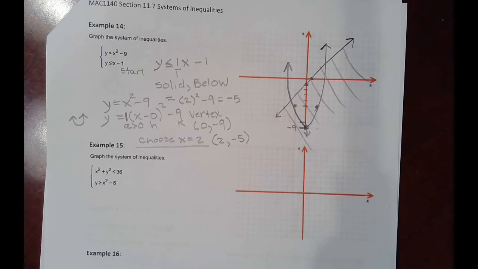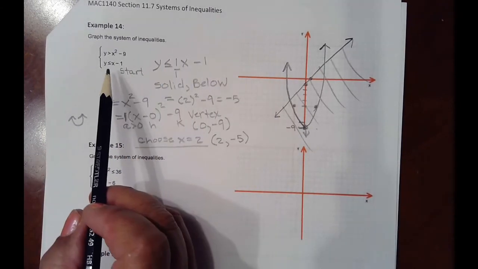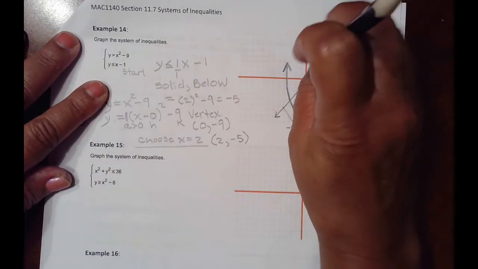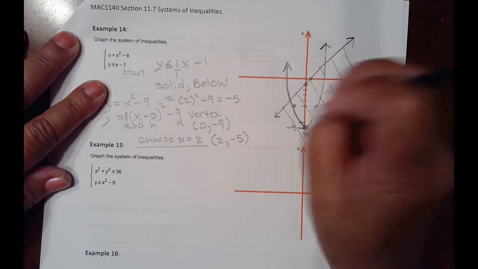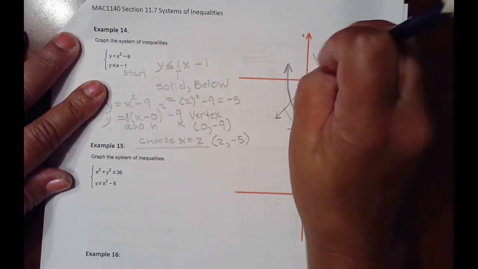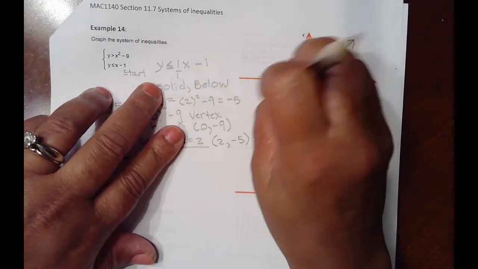Okay, let's look at what kind of inequality symbol we have here. When we're doing this, it's y is greater than, and I actually should have made a dashed boundary line. So what I'm going to do is just make this look dashed. Try to do a little cleaning up here.